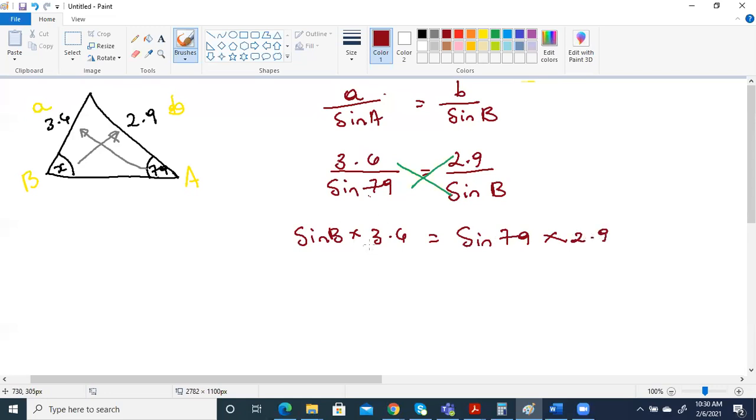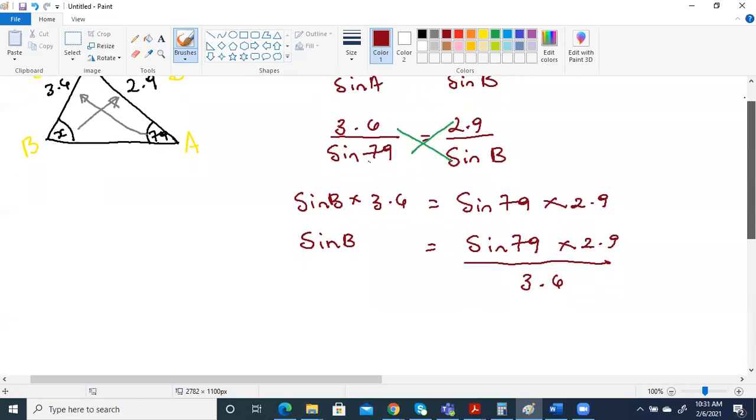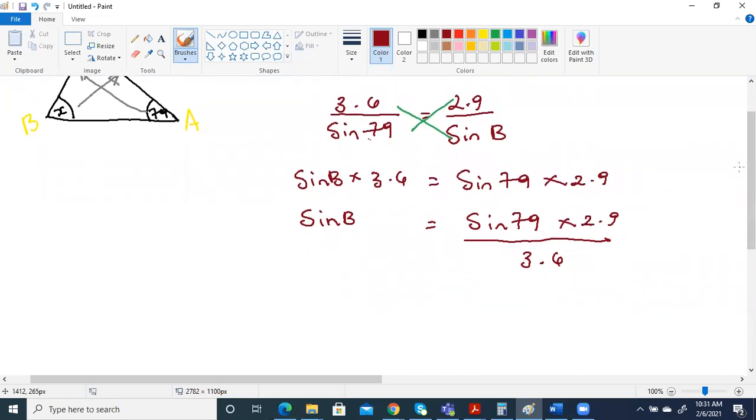Again, I'm going to carry over this 3.6 to have sine B by itself, so sine 79 times 2.9, all over this 3.6 that I'm carrying over. So we can do the calculator maths now. What does the top part give us? Sine 79 times 2.9 gives us what?